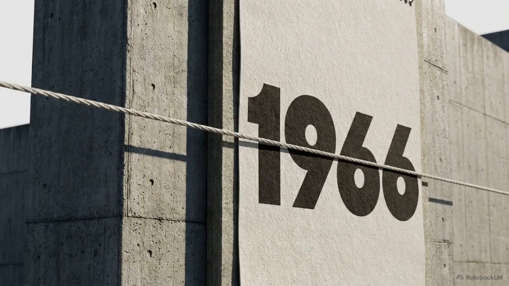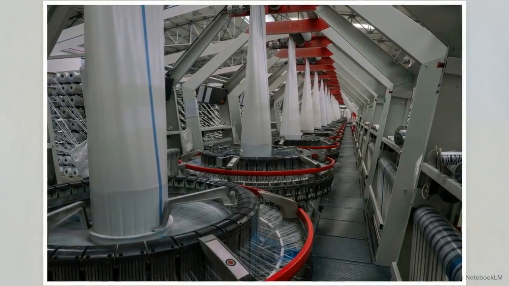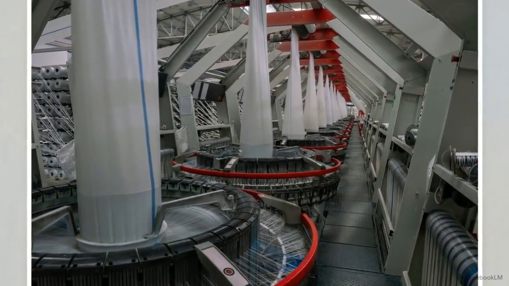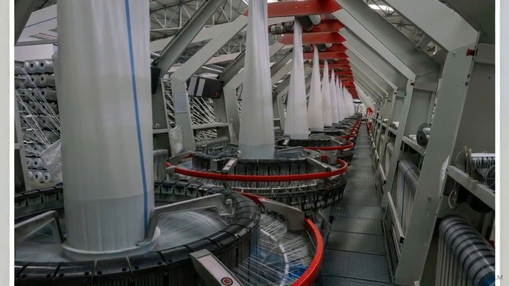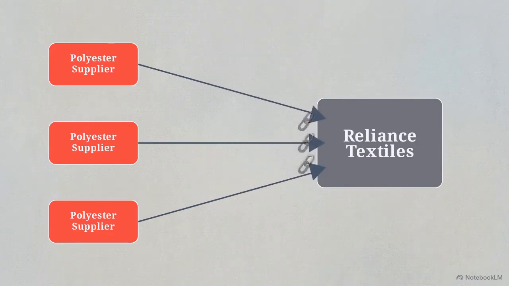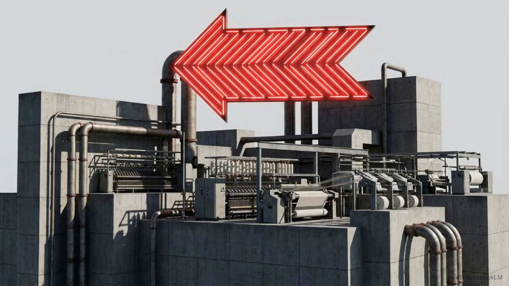The physical climb down that supply chain started in earnest in 1966. Reliance opened its first textile mill in Naroda, Gujarat, to manufacture synthetic fabrics directly. They were successful, but they quickly realized they were entirely at the mercy of the companies supplying them with polyester fiber. To fix that vulnerability, they took their first massive step backward in the early 1980s.